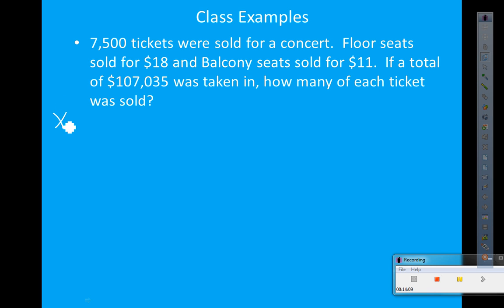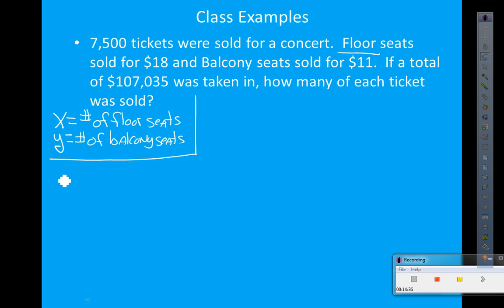I'm going to come over here and let X represent something and Y represent something. X is going to represent my number of floor seats. And Y is going to represent my number of balcony seats. So there I got those labeled.